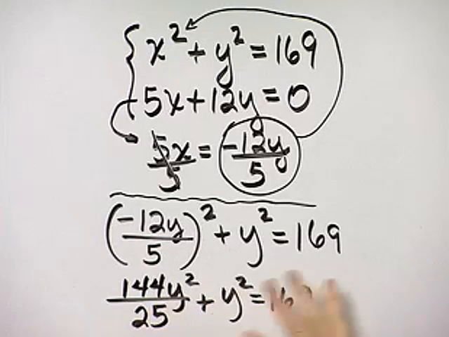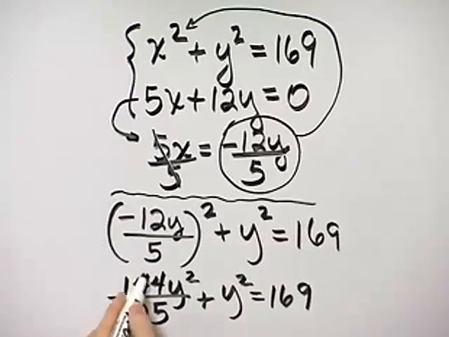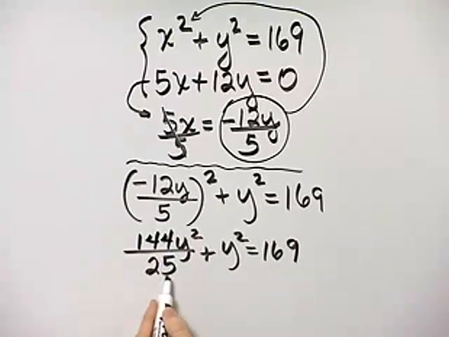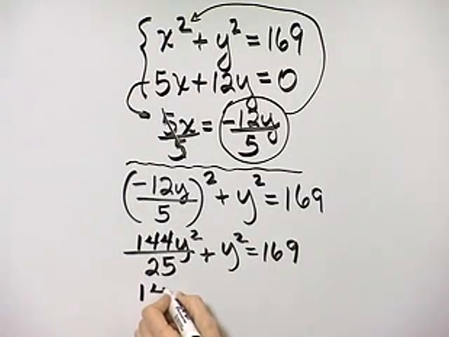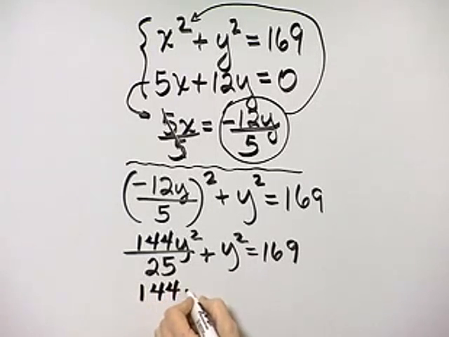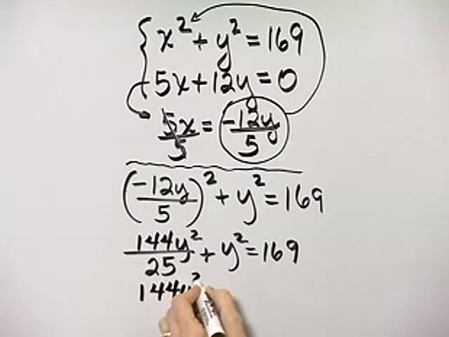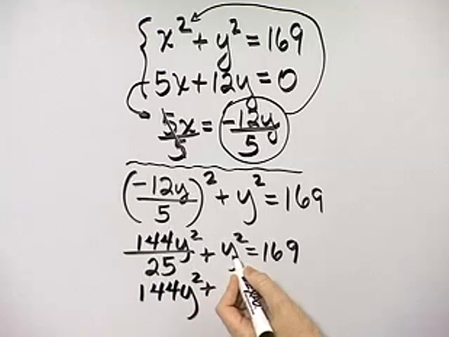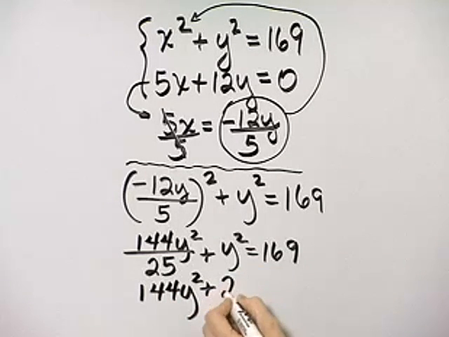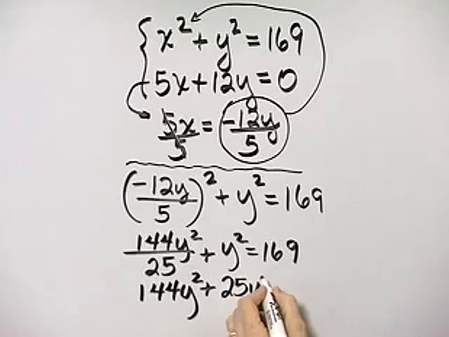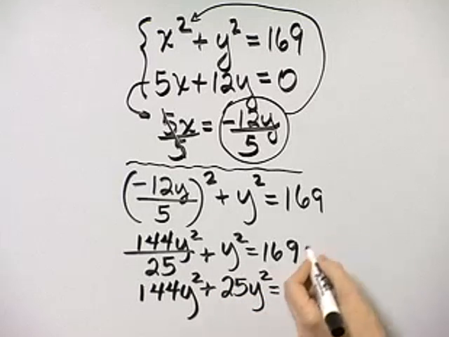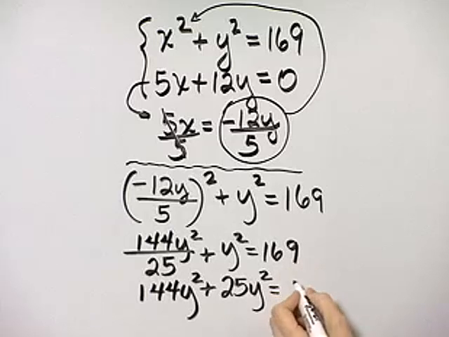You can multiply through by 25. If I multiply this term by 25, the 25's divide out, and I have 144y squared plus, you must multiply this term by 25, so that's 25y squared is equal to, and you must multiply this term.